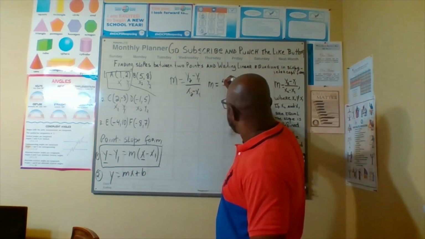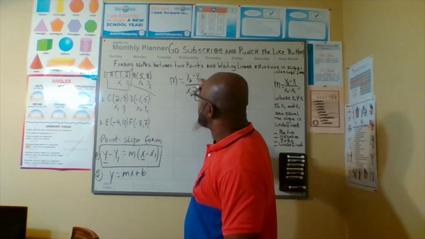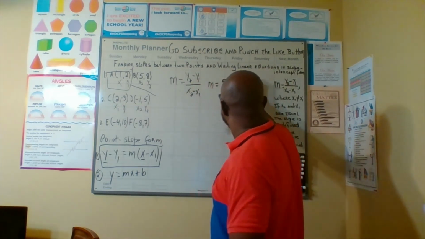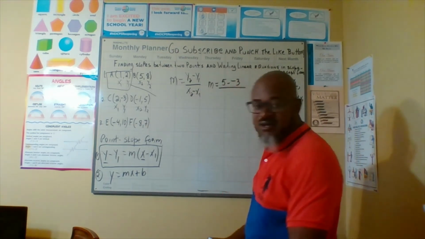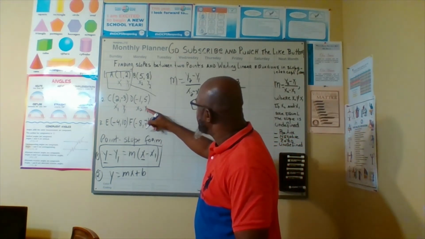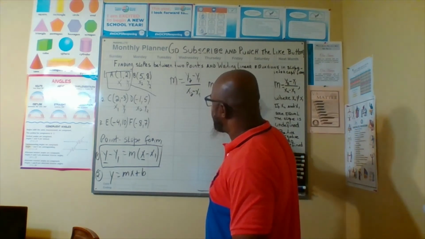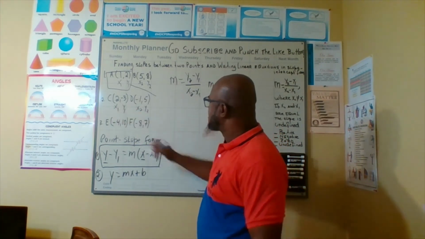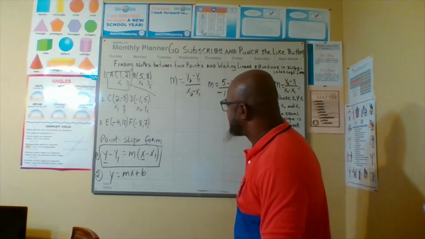My x2 in this case, which is negative 1, minus your x1, which is 2. All right, so let's figure that. Let's look again. Sometimes that's where we make mistakes, we have to verify. This is my y2, this is 5, minus, that's part of the formula, minus negative 3. This part is good.